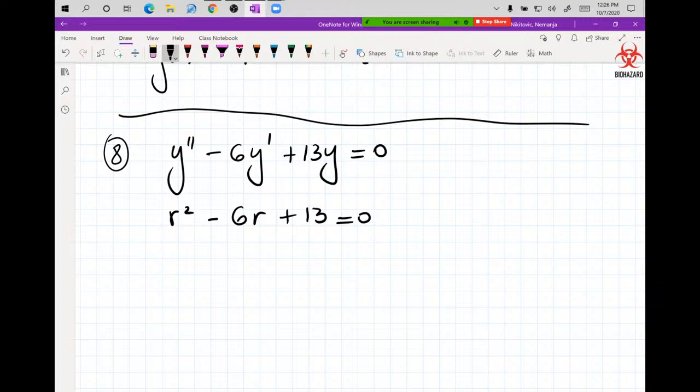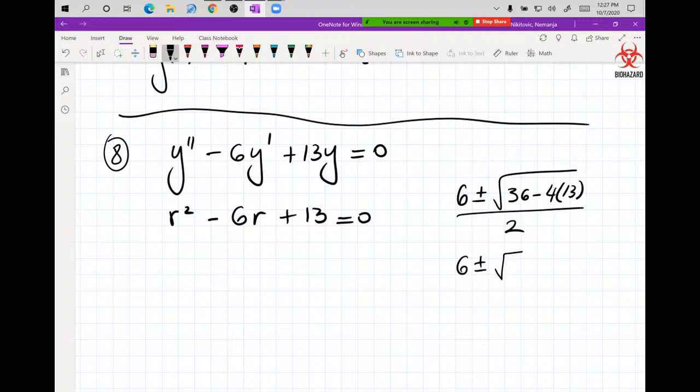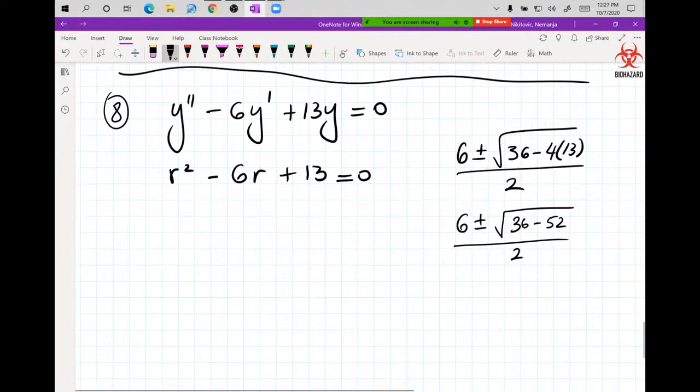Okay, let's take a look at this together. So we have negative b plus minus square root of b squared minus 4ac, divided by 2a. 6 plus minus square root of 36 minus 52, divided by 2.